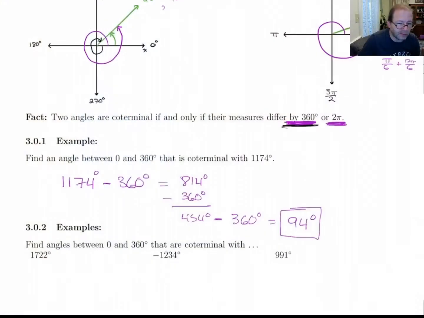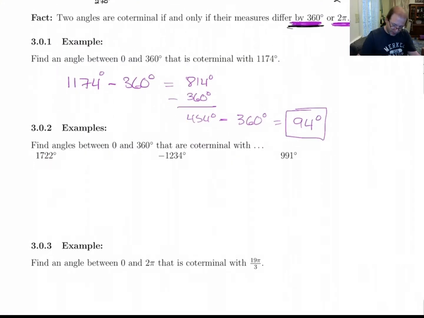So these other problems down here I can do really quickly. 1722. I'm just going to put 1722 into my calculator and then start subtracting 360. And I'm just going to hit enter until I get something. Okay, I went too far here. I got to negative 78, but 282 is the one that I want.